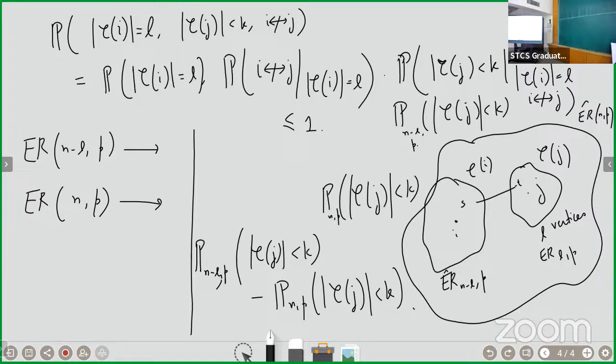It should be related to the attempts I make to connect the graph. I've already made this realization of the graph. I'm looking at a smaller graph, my connected component size is less than k. The bigger graph minus that is what I'm asking.